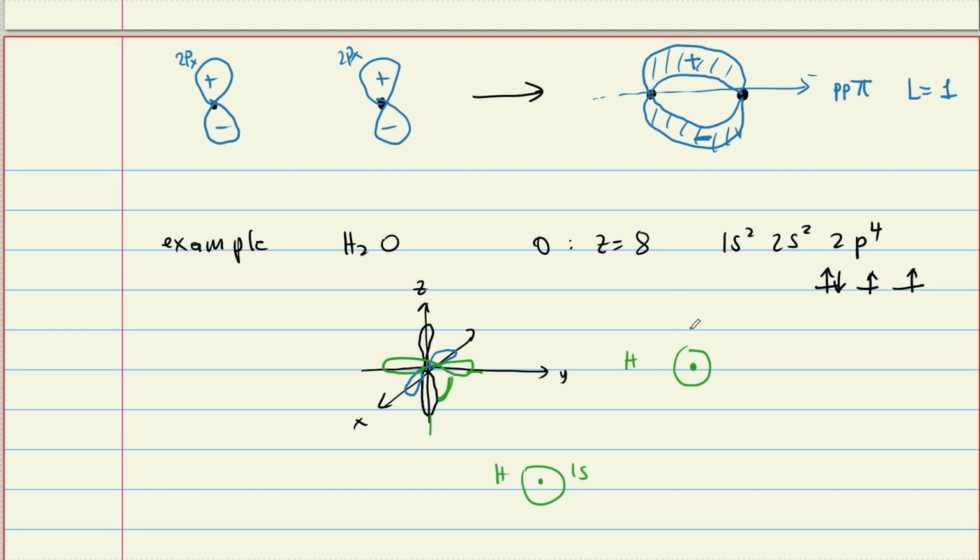Let me pull this here and maybe pull that one here. What happens is something like this: there's oxygen, and there's 1 hydrogen here, another hydrogen here, and the angle is something like 104.5 degrees.